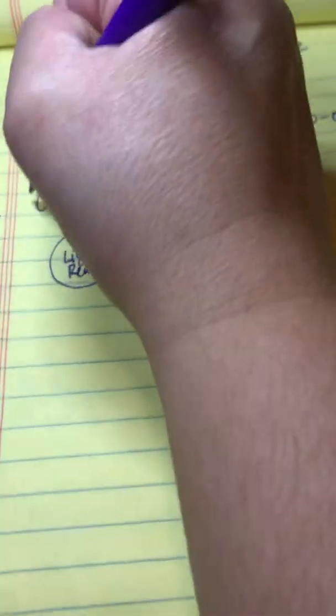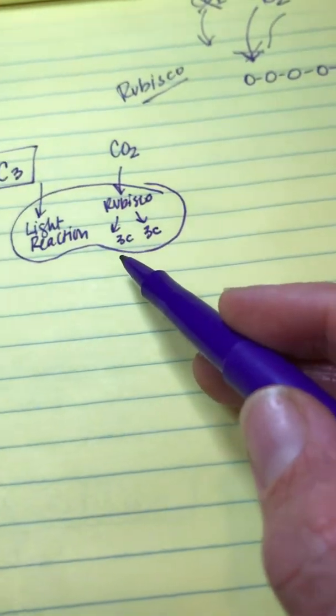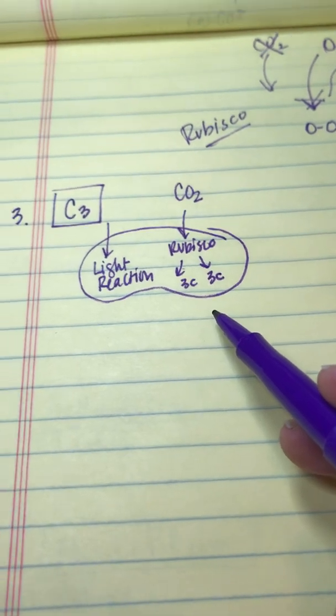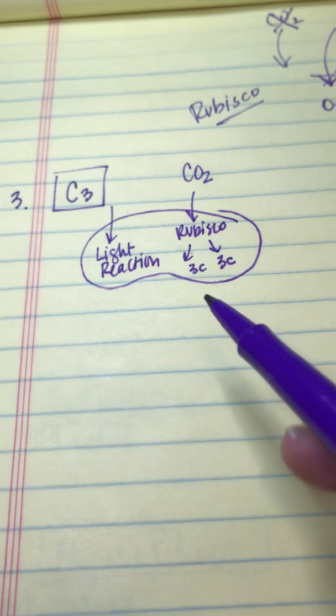And so this would be a C3 plant because it ends up making a 3-carbon molecule, right? And this would be the normal. It can take mainly CO2. It might do a little photorespiration, but this is the norm. And that's a C3 plant, okay?